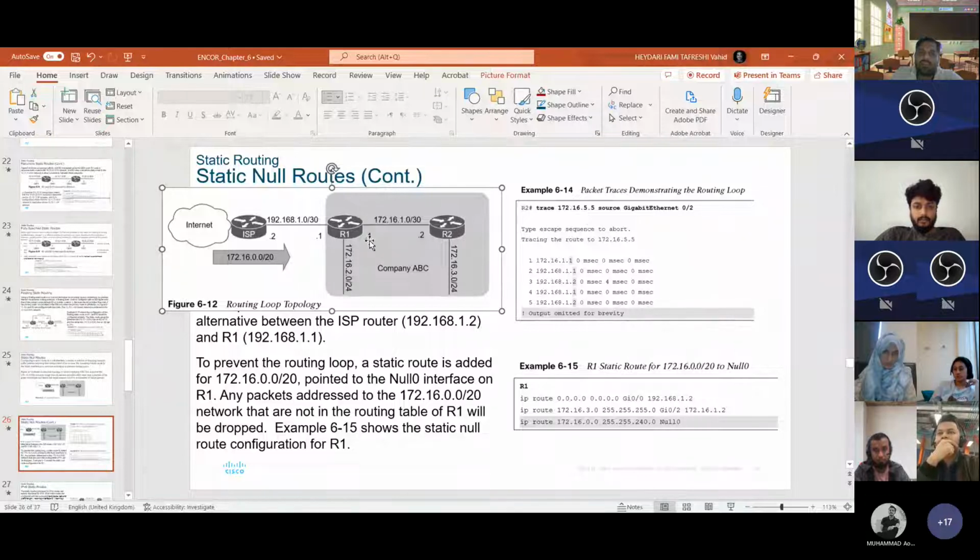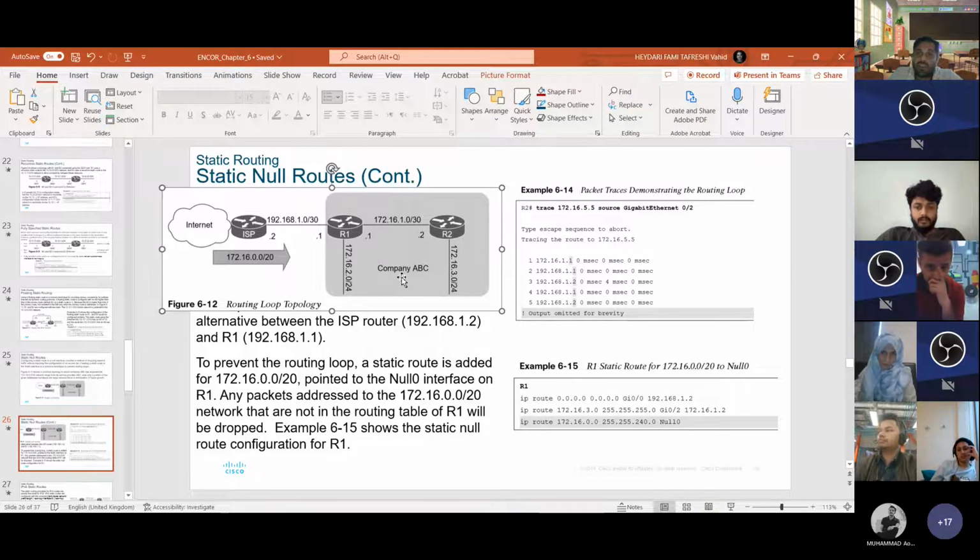That address refers to probably one machine from this 172.16 range, and also matches the summary route that we have. And therefore, you can see that half of the traffic will be going this way, another half will be going that way. Which is not good, because it's as if you are sending half of your traffic correctly to the destination and you're discarding another half. And therefore, we need to get rid of this.